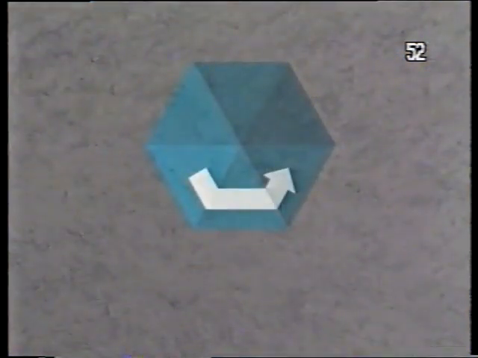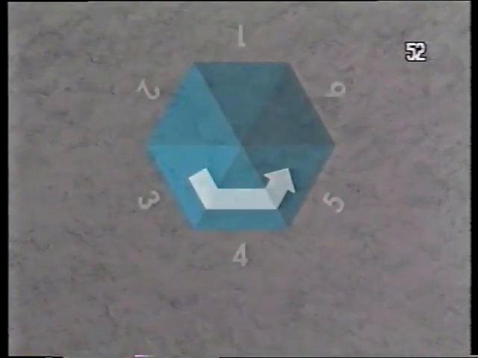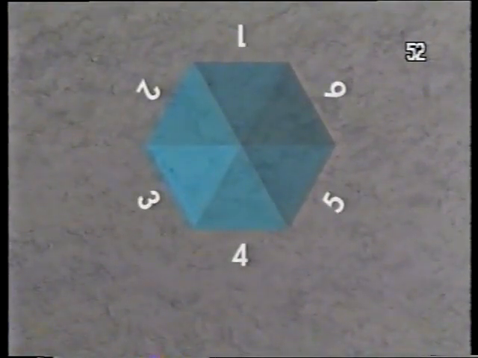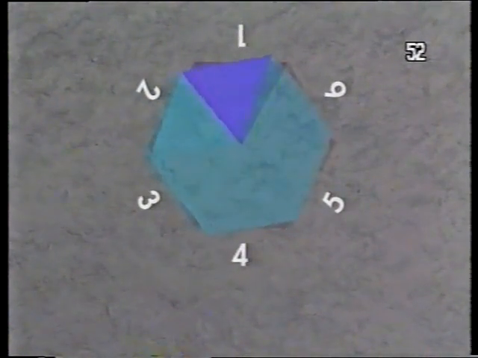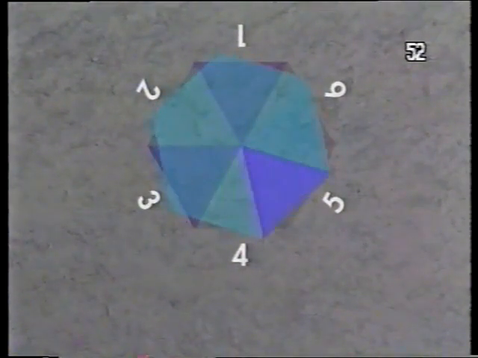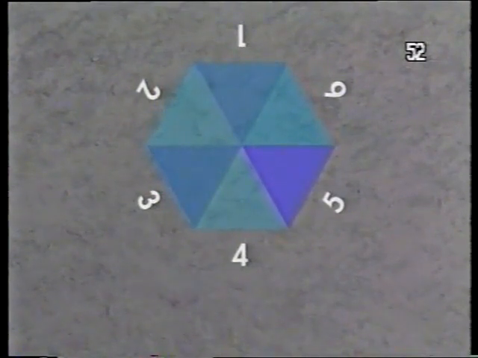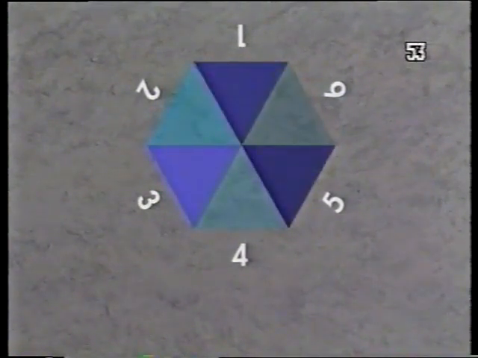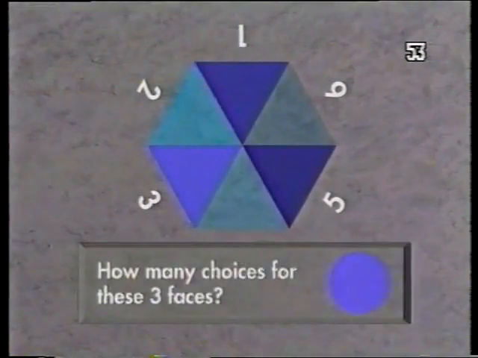Let's look again at the rotation which moves everything through two face positions. As before, if we choose a colour for face 1, then face 3 must be the same colour, and so must face 5. This time, however, there are m colours available. So how many choices are there for these three faces altogether?